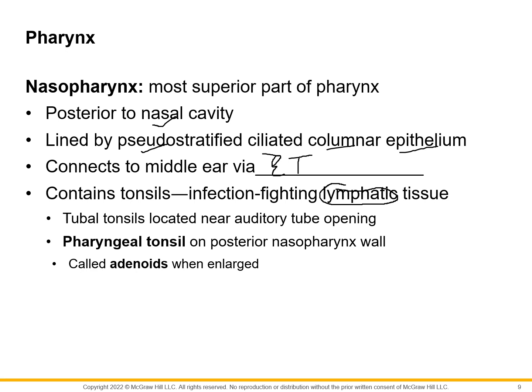Now, the large tonsil that is present specifically in your nasopharynx is called the adenoid. So the adenoid is right where the eustachian tube actually joins the nasopharynx.